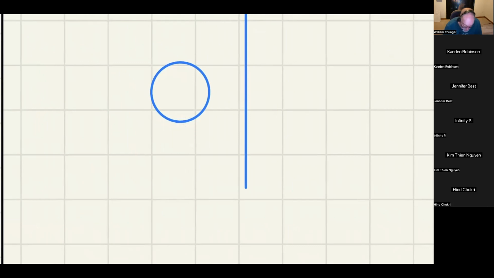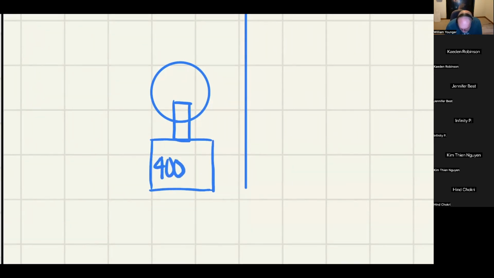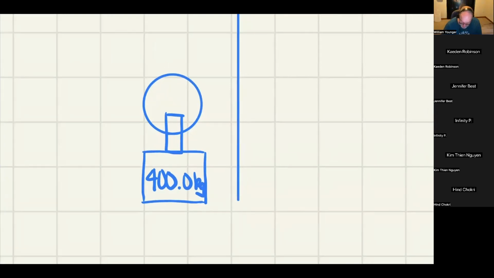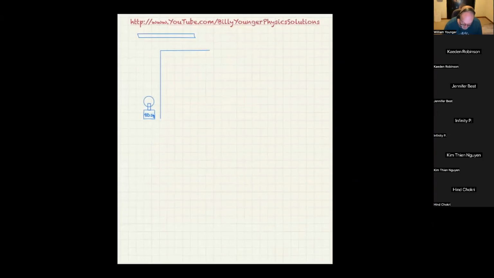I'm going to assume this is attached to a ginormous weight. Let's say this mass is 400.0 kilograms. So that's something we want to lift.